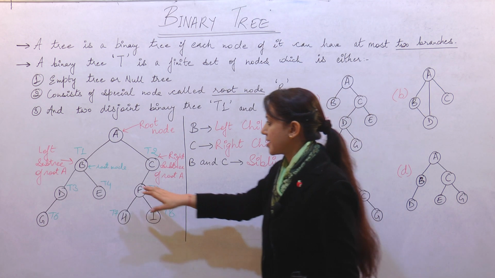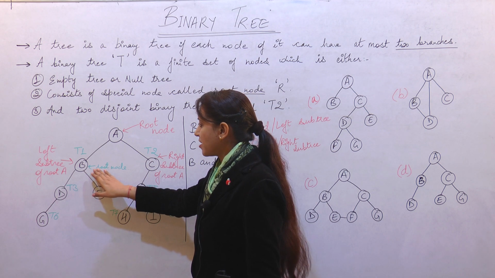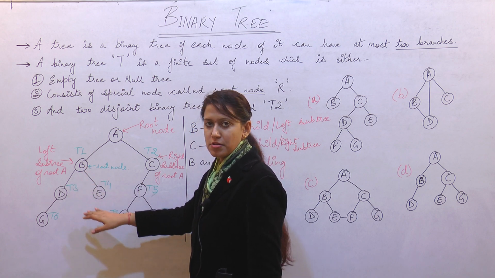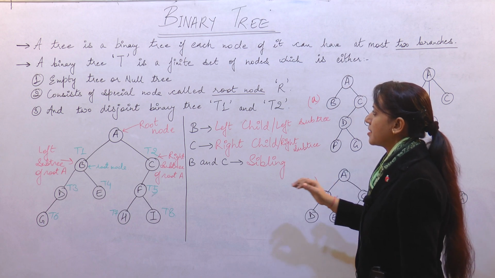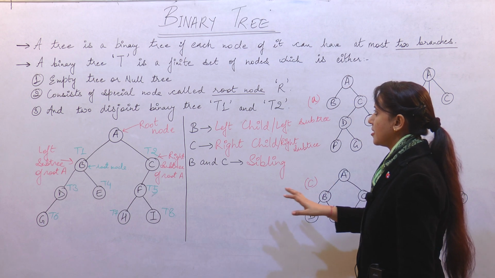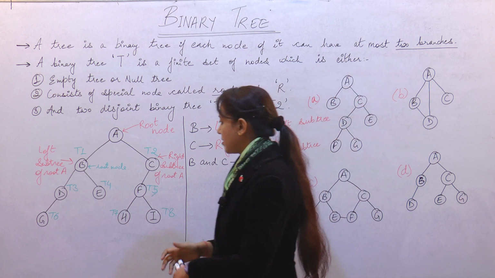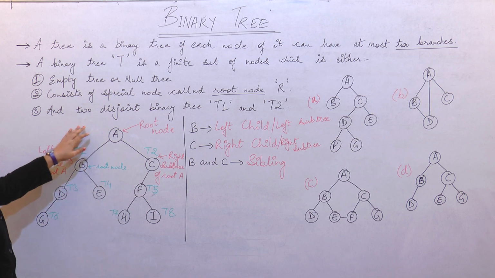That's why we are taking B as root node in our next level, so that we can represent subtrees of node B also. Okay, so in this way we can represent a binary tree that is having a finite set of nodes, and those finite set of nodes can be either empty tree or null tree.